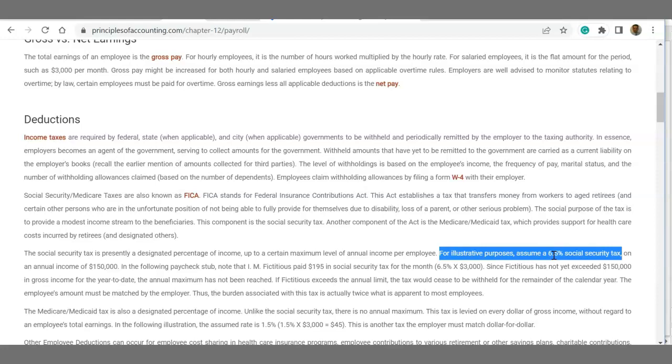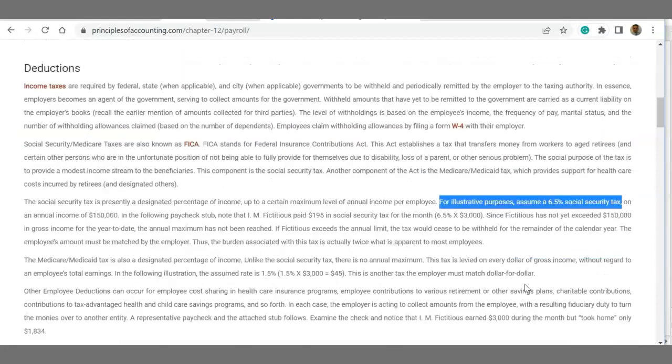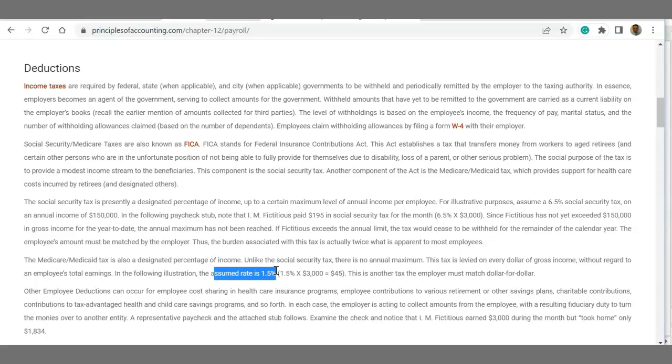And so Medicare. Medicare is 2.9%. Here again it says assume 1.5%, but you don't need to assume. I tell you exactly how much it is. So Medicare is 2.9%, which if you are an employee, you pay half of it, which is 1.45%.